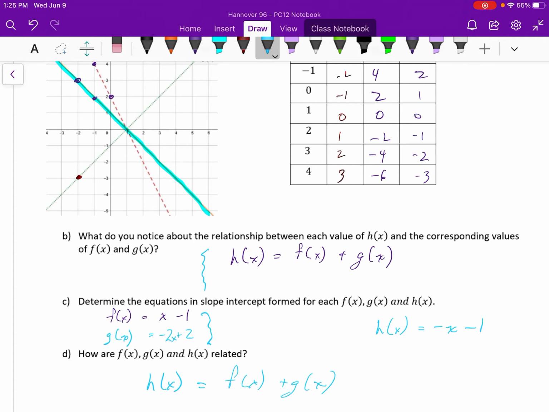That is, you could take the y values of the points and simply add them together. Or if you're taking a look at the set of instructions, you can simply add the instructions, f and g together, or their equations, and you will get h of x. So this would be our first addition of functions.